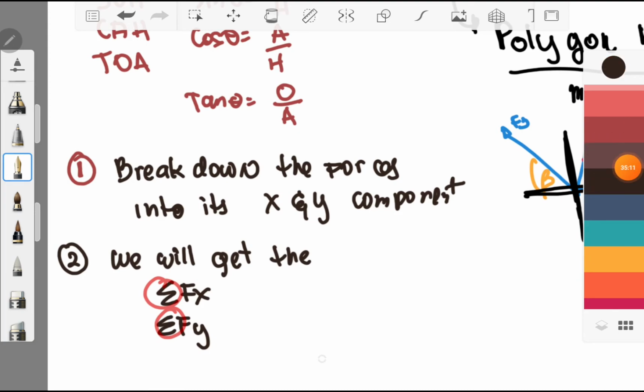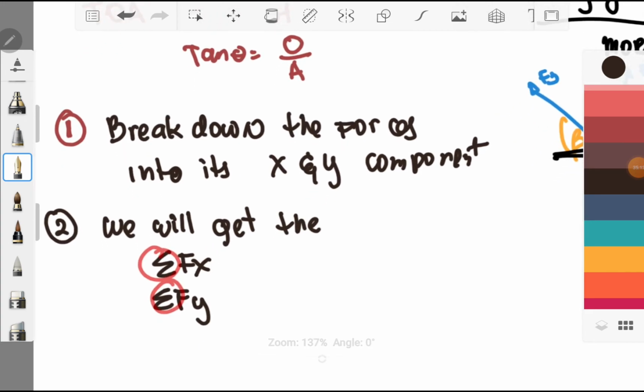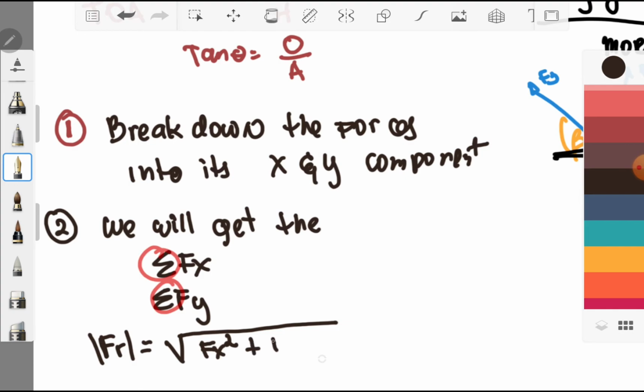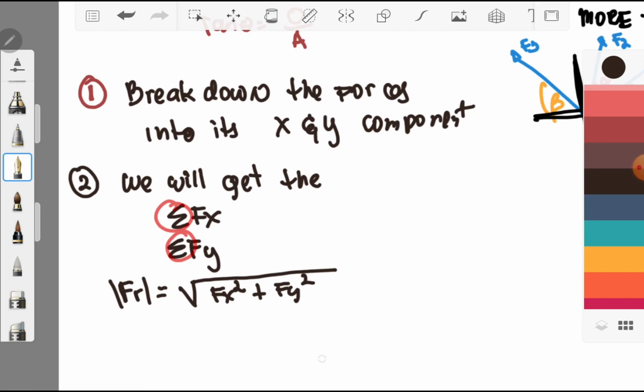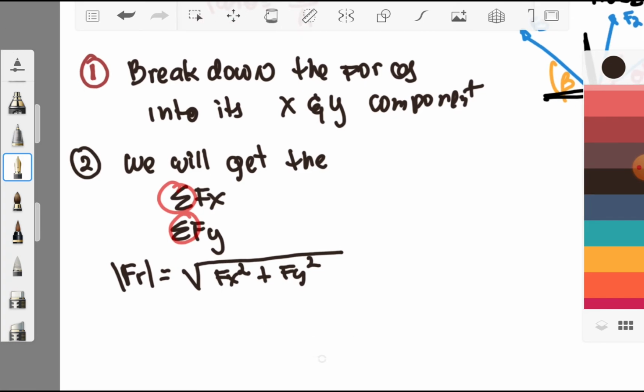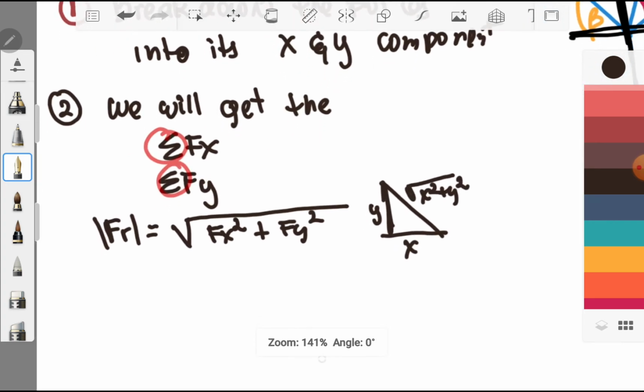Upon solving for the summation of your Fx and your Fy, we will get the magnitude of your FR, which is equal to the square root of Fx squared plus Fy squared, or your Pythagorean law. So x and y, the square root of x squared plus y squared, from Pythagorean.